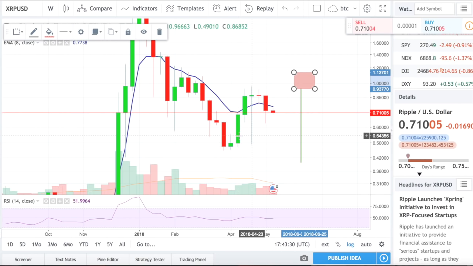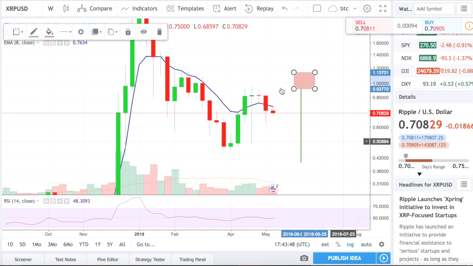So this one right here could have actually started off as a red candle, because it started going down, but then it stopped. The bulls took over the position, and then they just started driving it back up. So that's what these two-sided wicks mean.